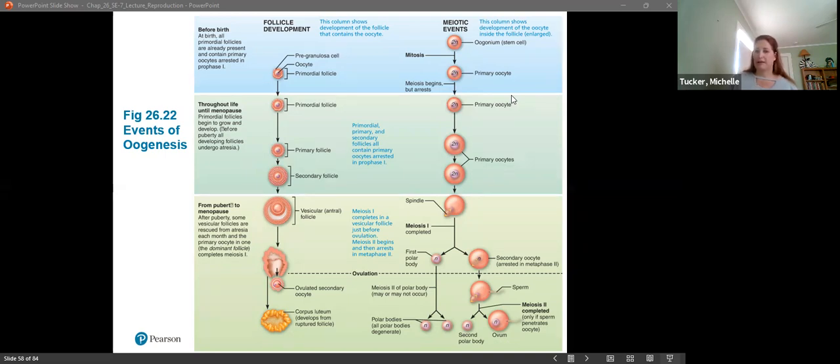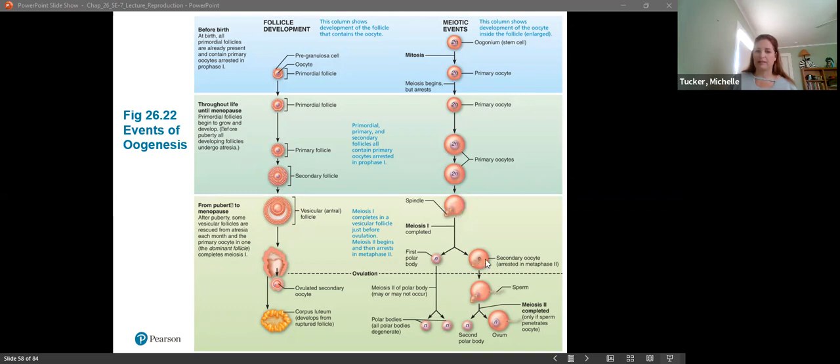We'll talk about how hormones come in just a few slides. With hormonal stimulation, the primary oocytes are then going to complete meiosis 1 and discard half of its genetic material as a polar body.